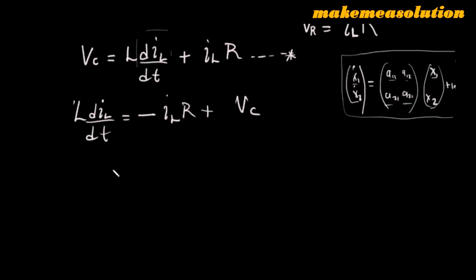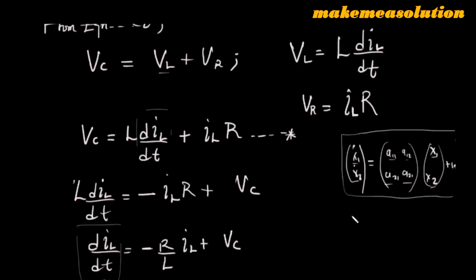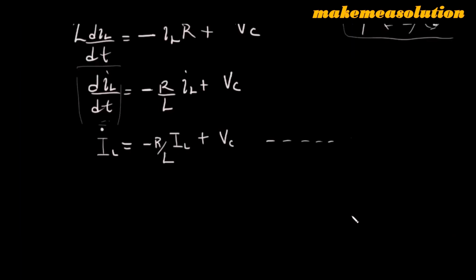You can divide through by L, so dIL over dt will be minus R over L times IL, plus VC over L. So your derivative of current, IL dot, is expressed in terms of your two states: your IL, the current flowing through the inductor, and your second state, which is the capacitor voltage. We stopped at equation 3, so you can call this equation 4.